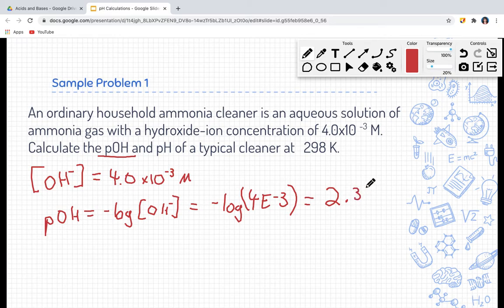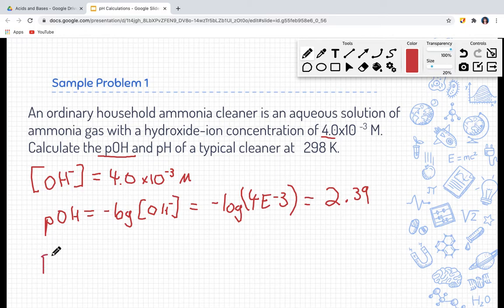So this ends up being 2.39. And now with pH and pOH, the significant figures are going to be the numbers after the decimal point. So since the concentration had 2 significant figures, that means we want to include 2 digits after the decimal point.